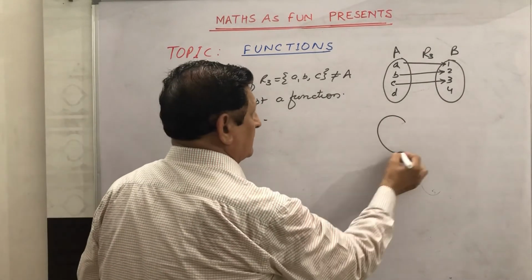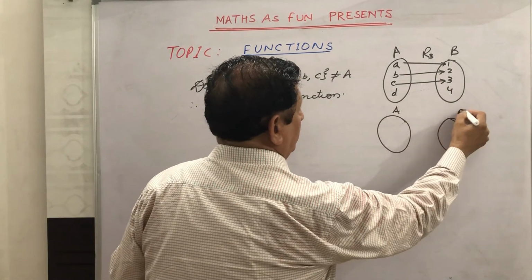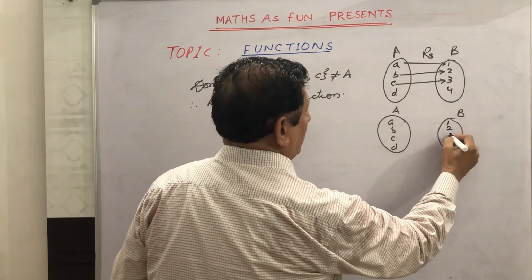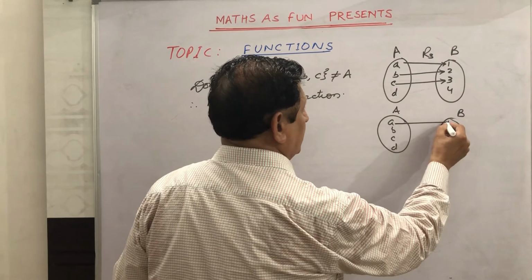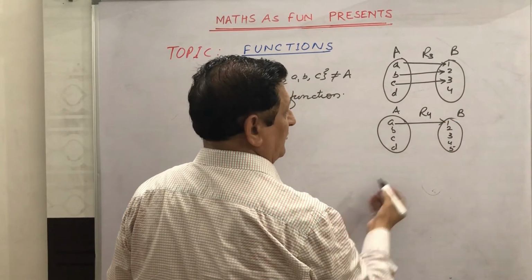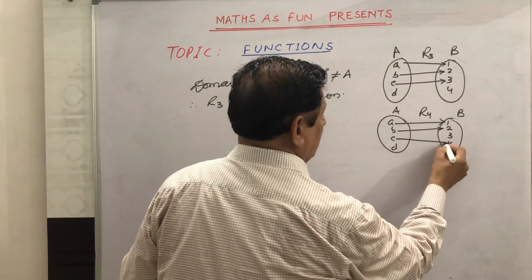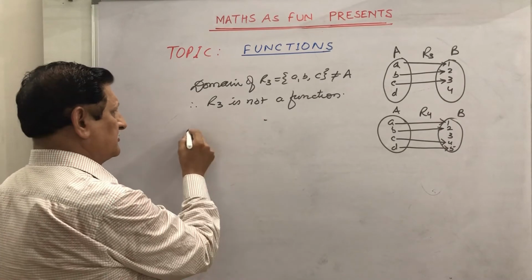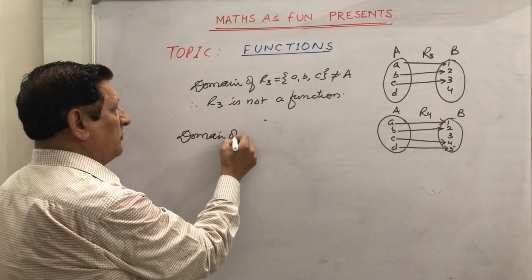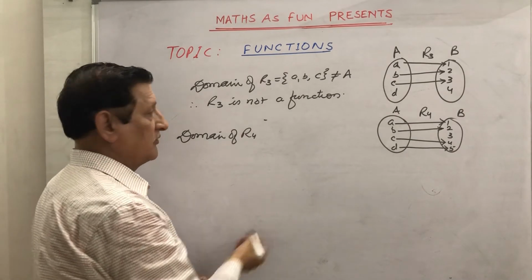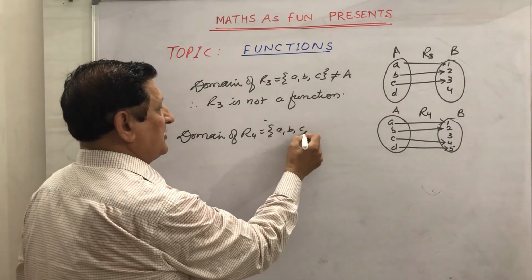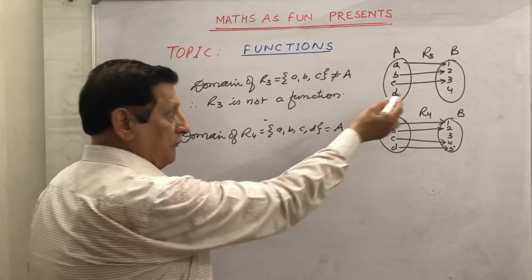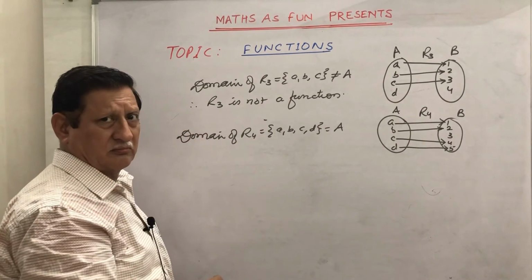Let's take one more example. Suppose we have A and B, two sets. Here again a, b, c, d are the elements in A, and 1, 2, 3, 4, 5 are the elements in B. a has the relation R4 with 1, b with 2, c with 4, d with 5. What we find in this? We find the domain of R4 is equal to a, b, c, d, that is equal to A. B is known as the codomain, you know.